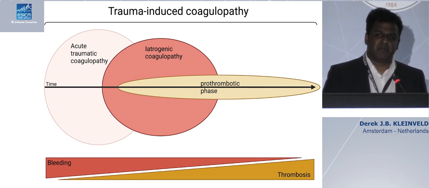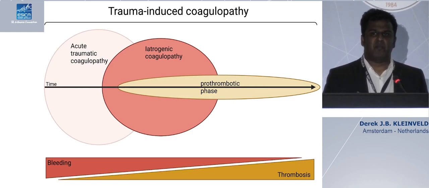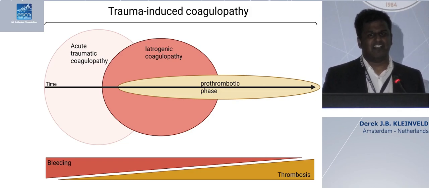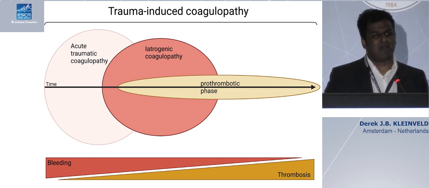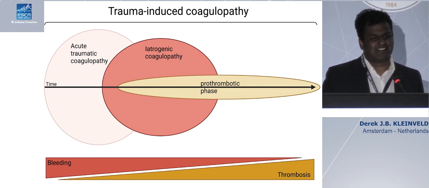Some papers do report a hypercoagulable state in those patients. However, those patients are most likely not actively bleeding, because if you have an actively bleeding patient, it's quite illogical to think that these patients present with a procoagulant or prothrombotic state.